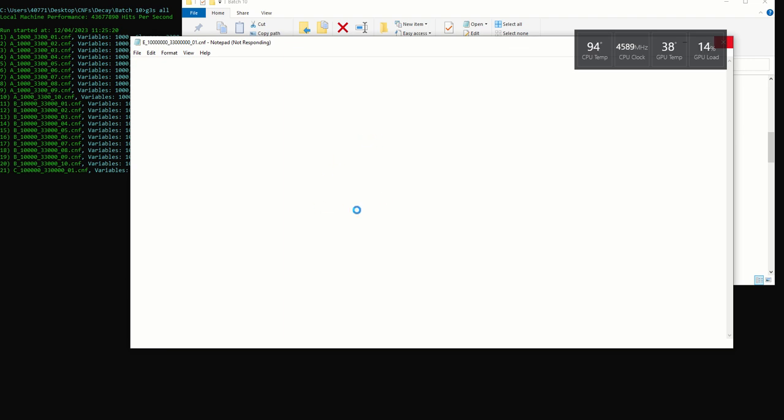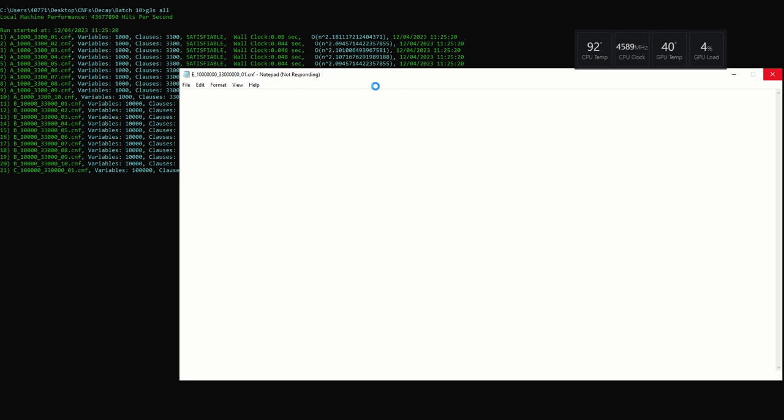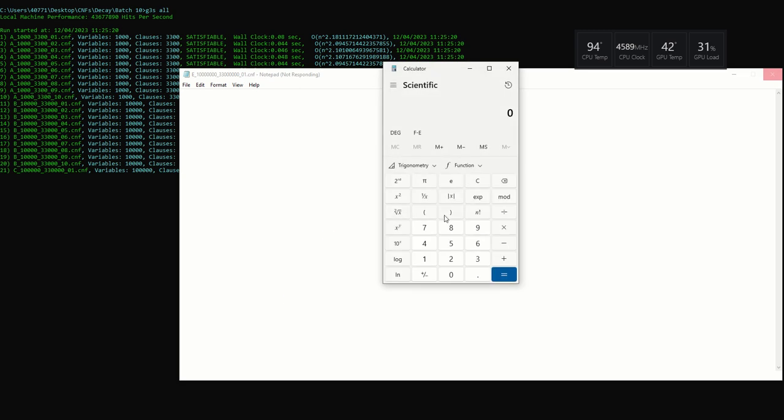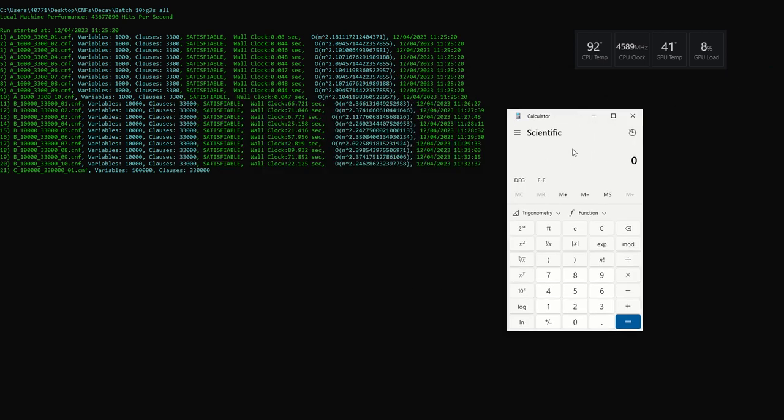Now, until it loads, I know how long it takes per formula to solve the 100,000 variables, batch C. But let's take a look at the differences in complexity.